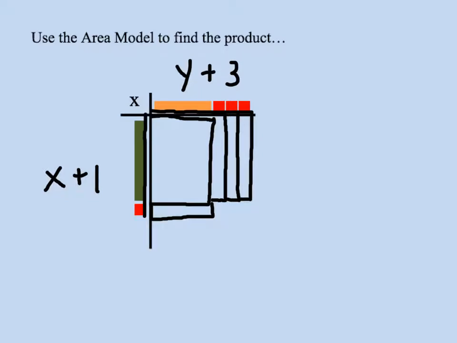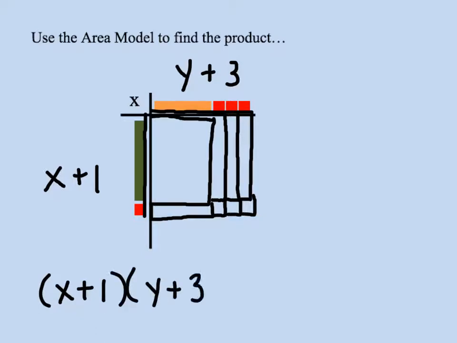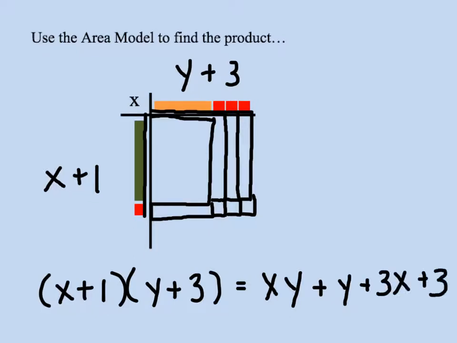Underneath, you would have a 1 tile that would fill this area, another 1 tile, and your last 1 tile would fill in the area of this rectangle. So, x plus 1 multiplied by y plus 3 is equal to xy plus y plus 3x plus 3.